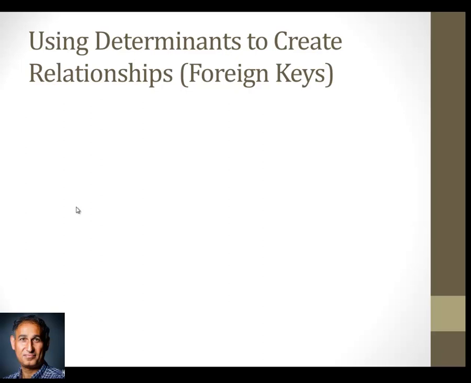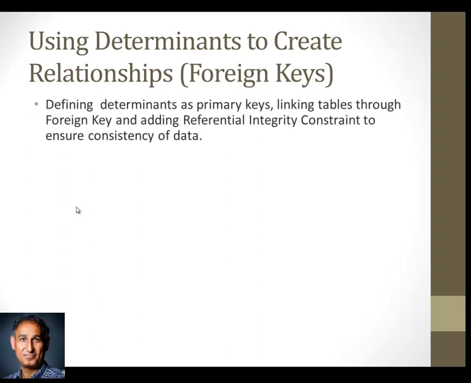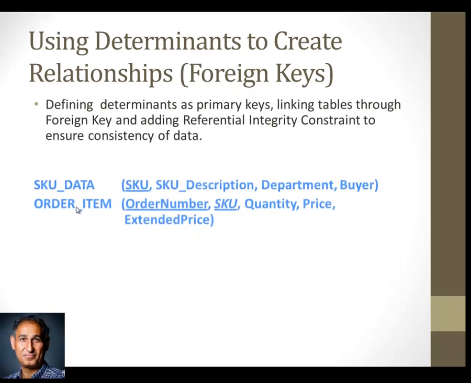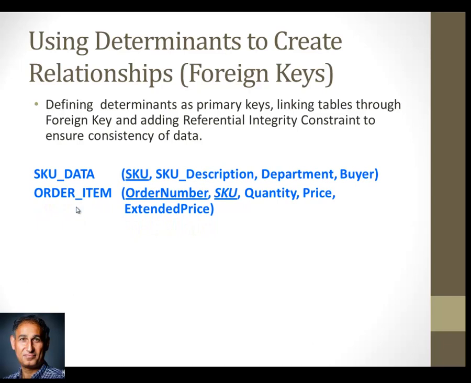Let's look at the two tables using what we understood from the functional dependencies. We will rewrite the tables with all attributes between brackets, then define the determinant as primary key by underlining that primary key or that attribute.